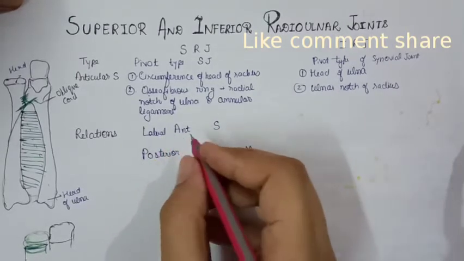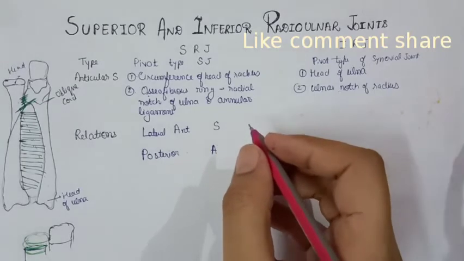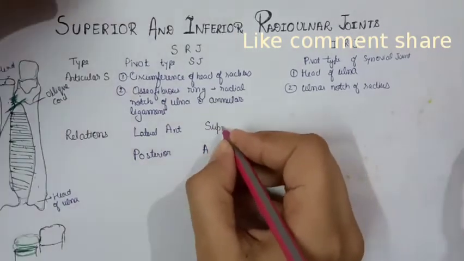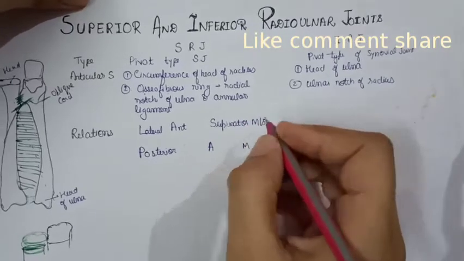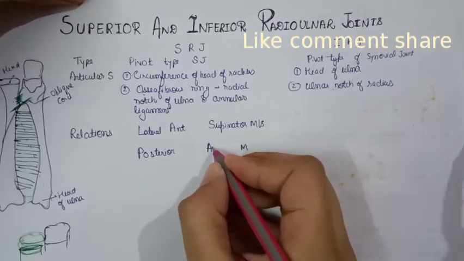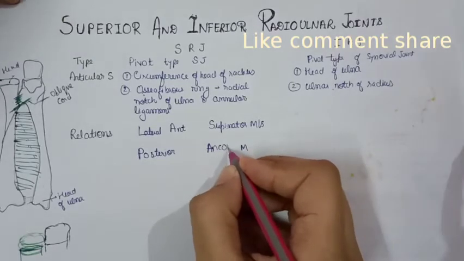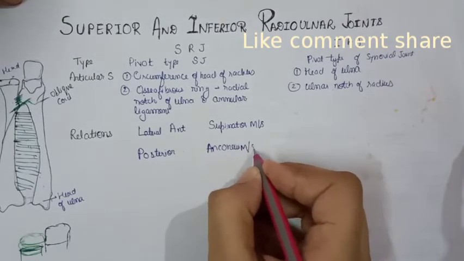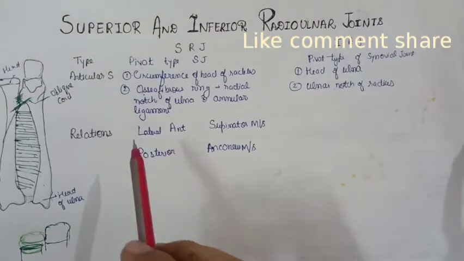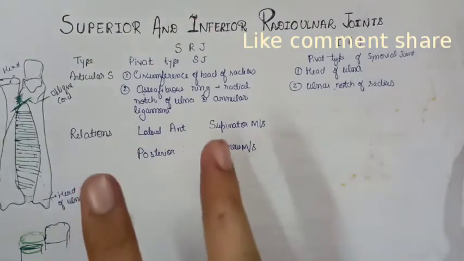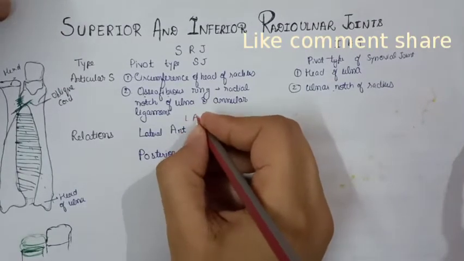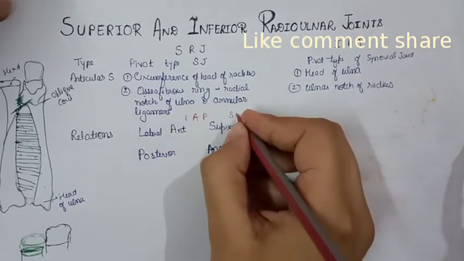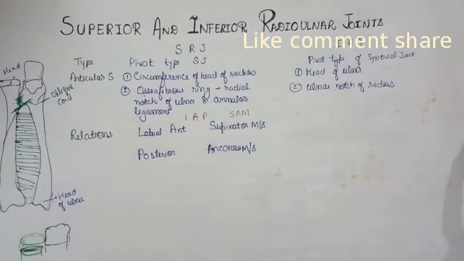So lateral and anterior relations are formed by the supinator muscle, and posterior relations are formed by the anconeus muscle. So I think its relations are very simple. LAP and SAM, just two words you have to remember. If you just remember these two words, you can easily write the relations of the superior radioulnar joint.